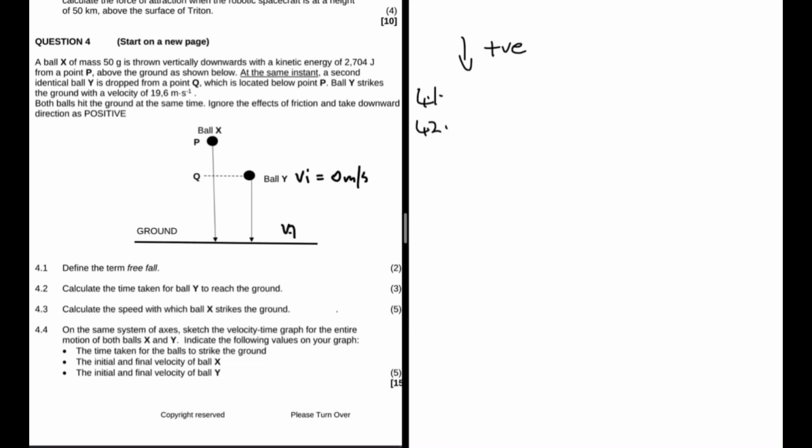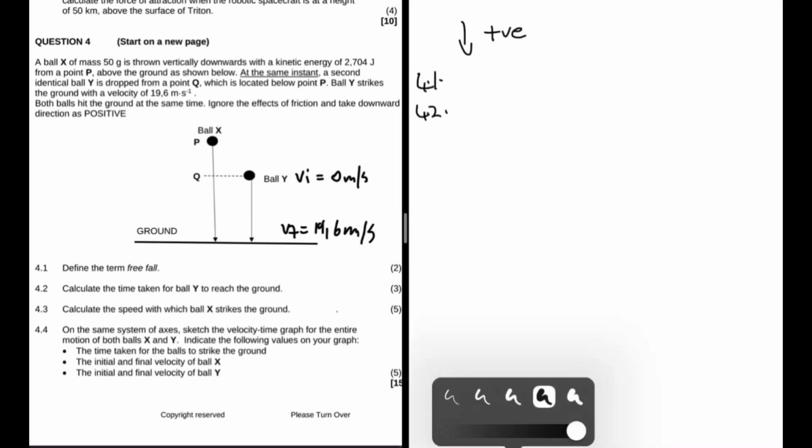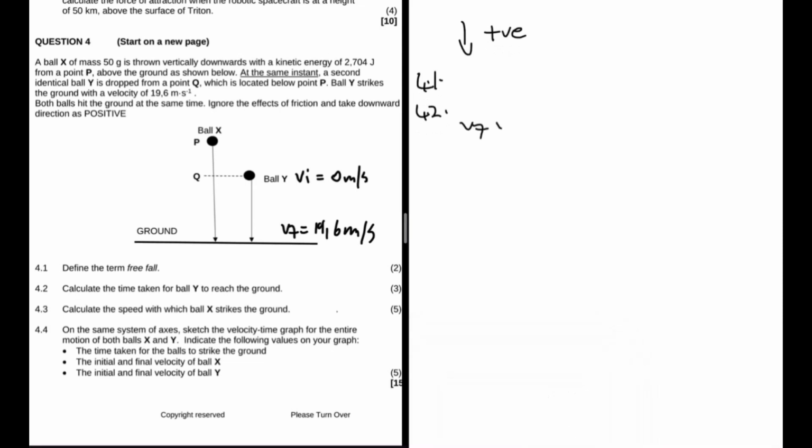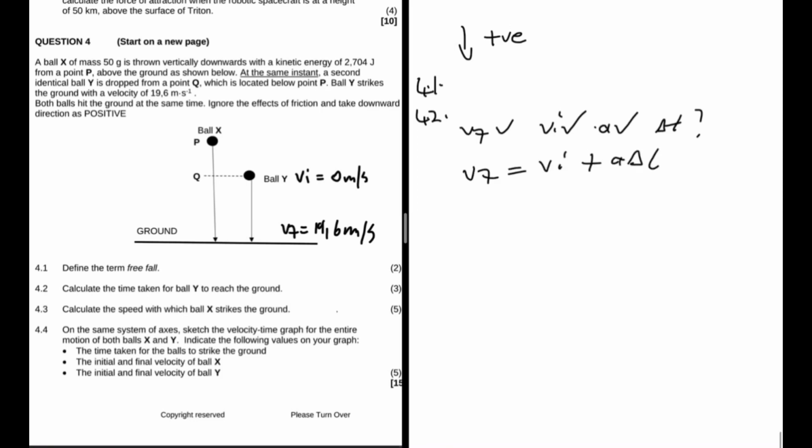So VF is equal to 19.6 meters per second, right? So we have VF, we have VI, we always have acceleration, and we need delta T, the time taken to reach the ground. Now the question you ask yourself: which formula has all these four variables? Clearly, that is VF equals VI plus a delta T.